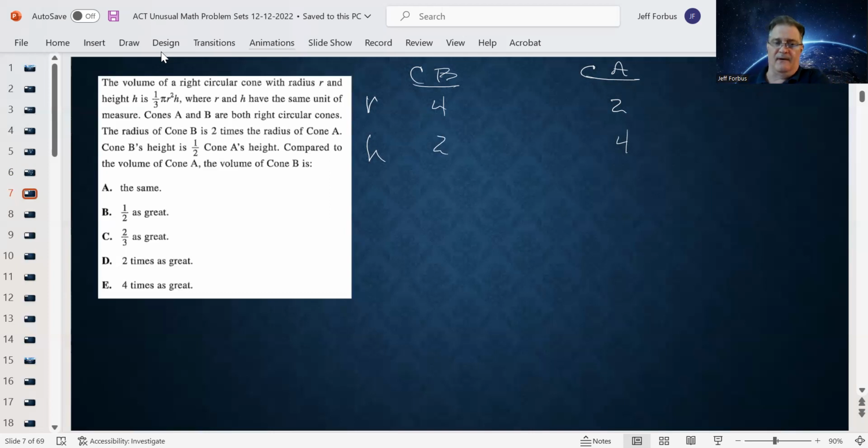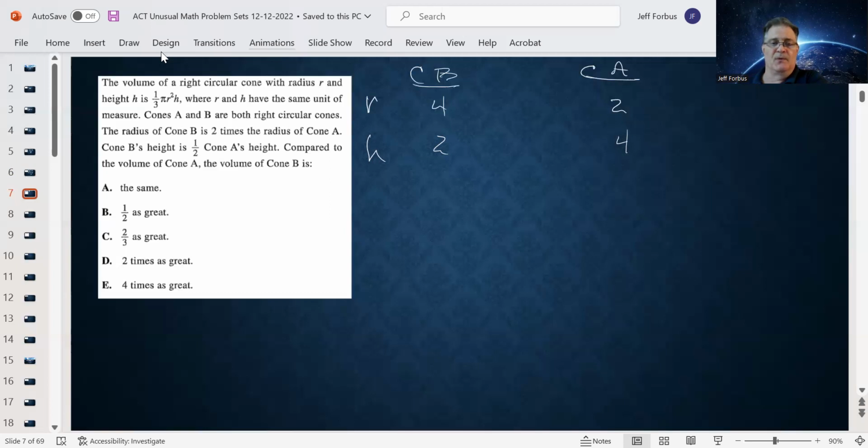Now we have our radius and our height for both cone B and cone A set up properly. They told us how to set it up; they just didn't tell us what numbers to use. You could have used any number you wanted to, as long as it fit the statements.